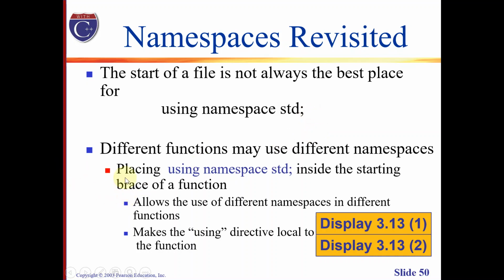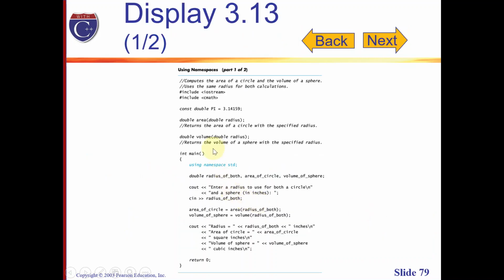Actually, different functions may use different namespaces. Therefore, we can place this inside the starting base of a function. For example, this would allow the use of different namespaces in different functions, just like this one. In this case, we place the namespace in our main function.